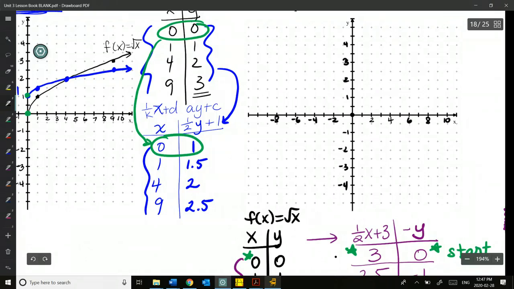Okay, graph your parent function. I'll call it f of x. And graph your transformed function.